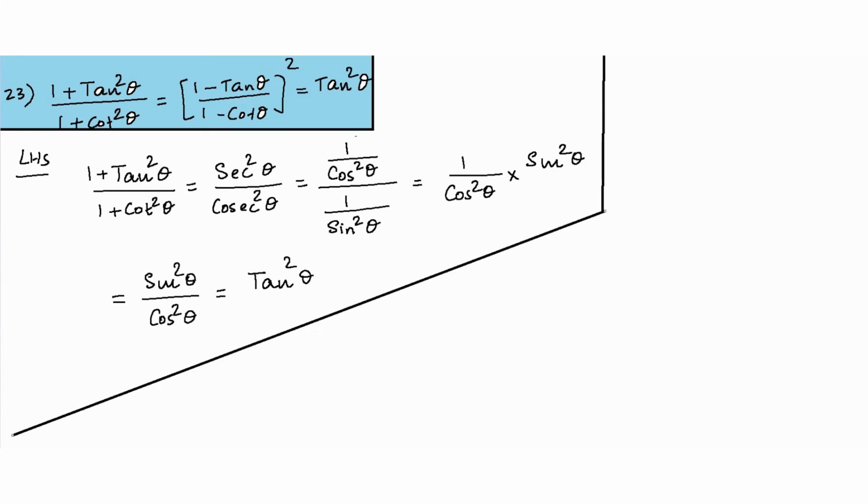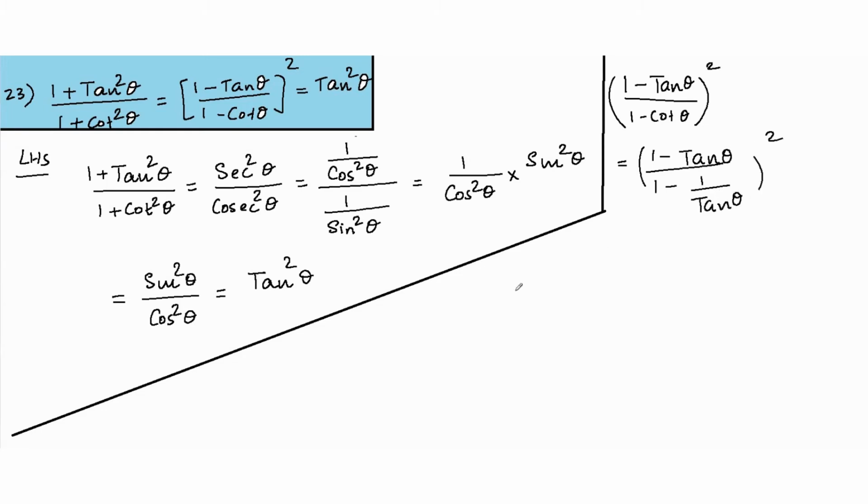Alright, so I have (1 minus tan theta upon 1 minus cot theta) the whole square. So let me convert this cot to tan. So I can write this as (1 minus tan theta divided by 1 minus 1 by tan theta) the whole square.